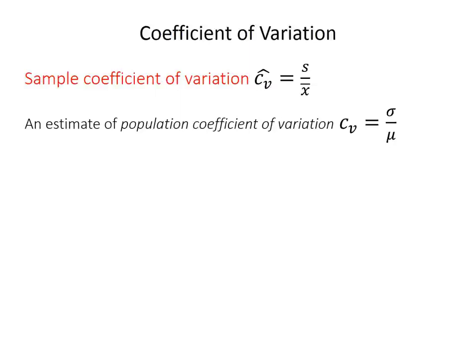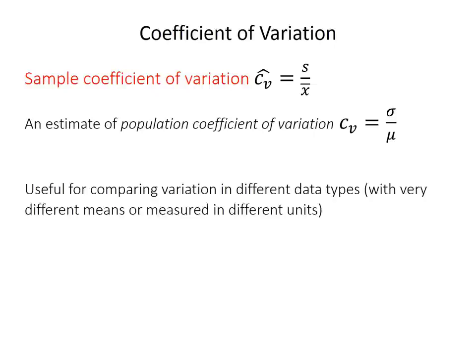So our sample coefficient of variation, CV with a little hat on it, is an estimate of the population coefficient of variation. You don't see the coefficient of variation that often because it's only useful in very specific circumstances. But it can be useful for comparing dispersion if the two measurements have very different units or if their means are very different.